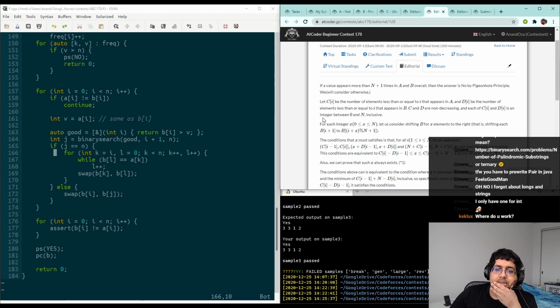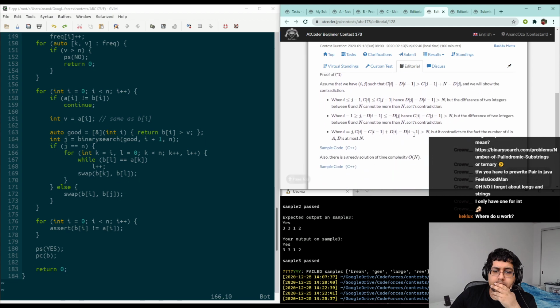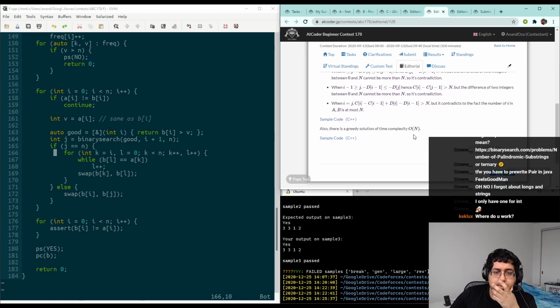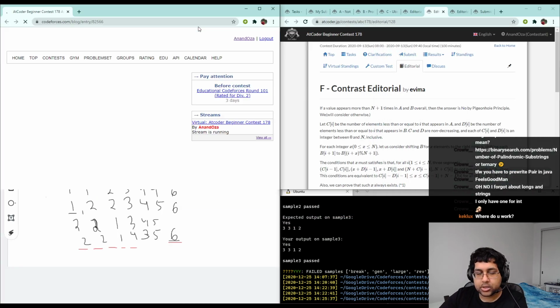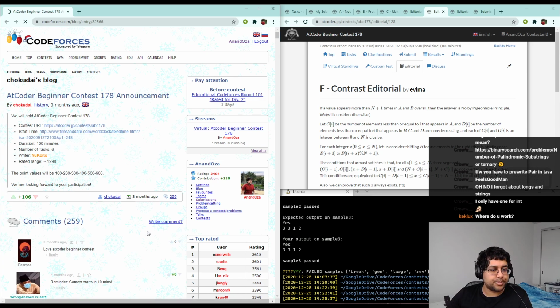If the value appears more... Okay, so this is what we already did. This is a little confusing. I'm kind of curious to read what the discussion on Codeforces said.